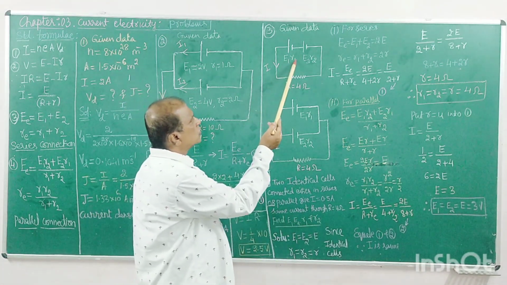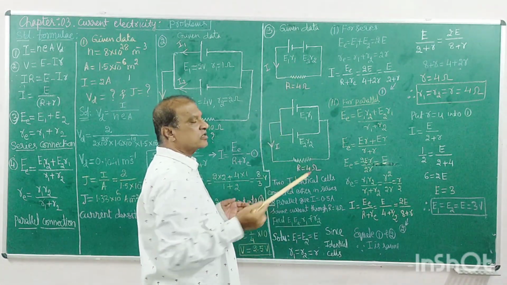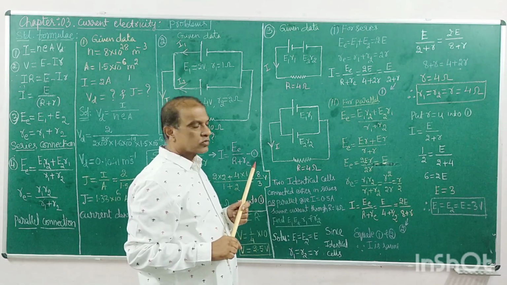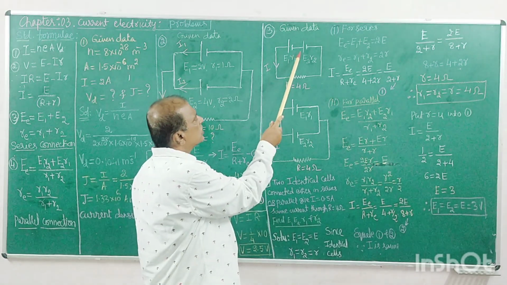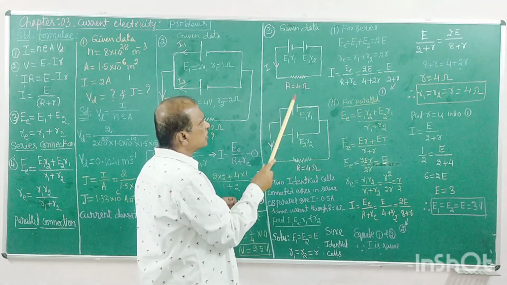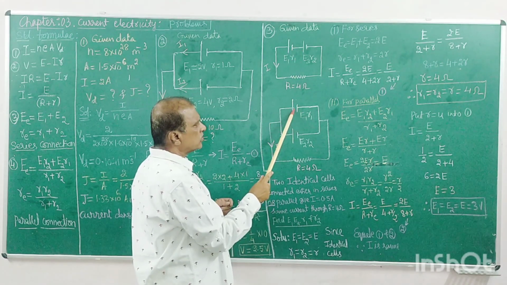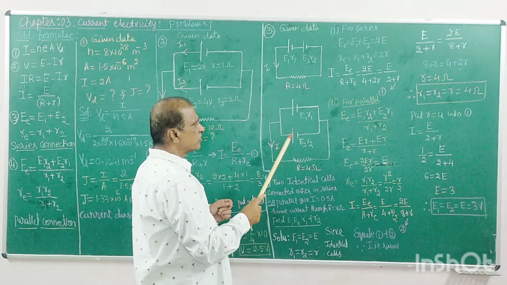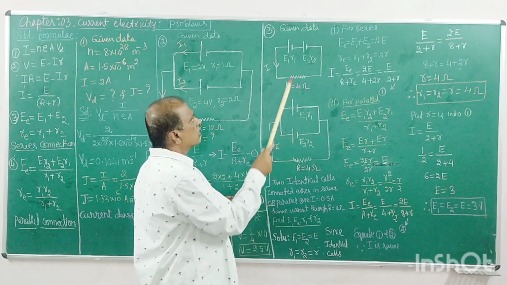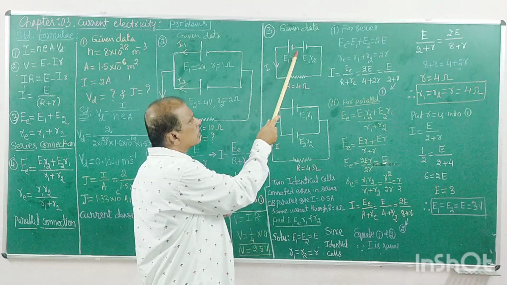And these two cells are connected to an external circuit. In one case, these two cells are in series. In the other case, the same cells are connected in parallel.